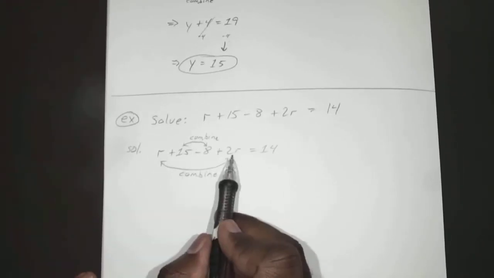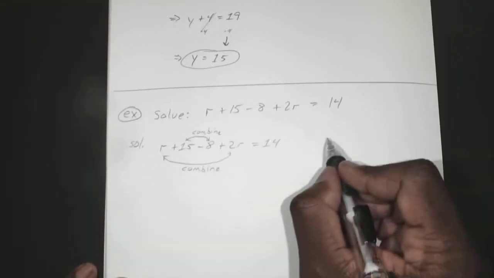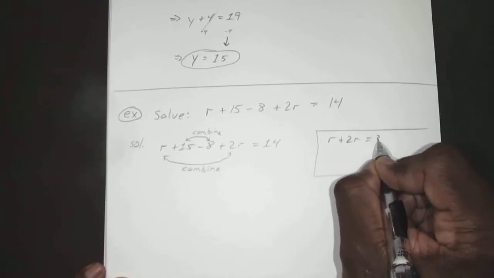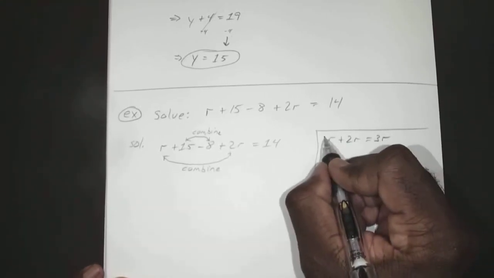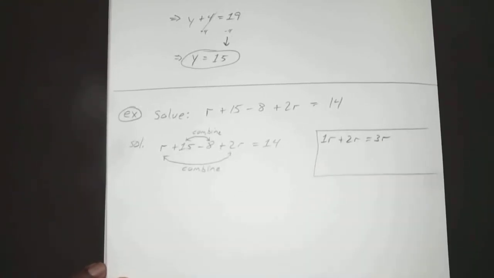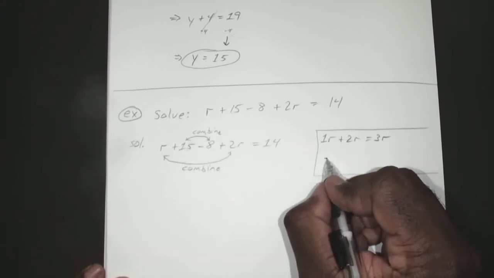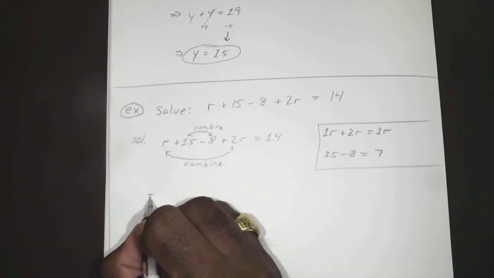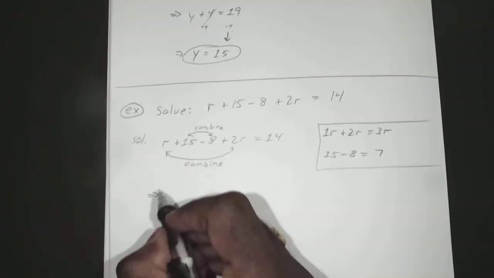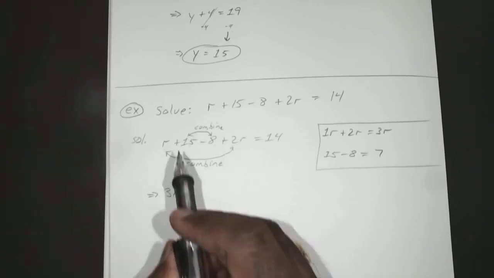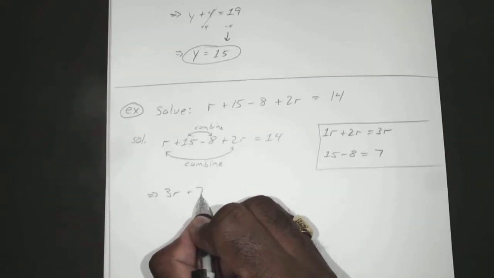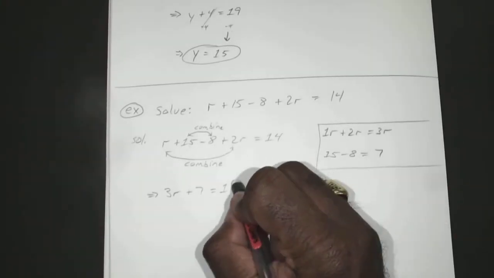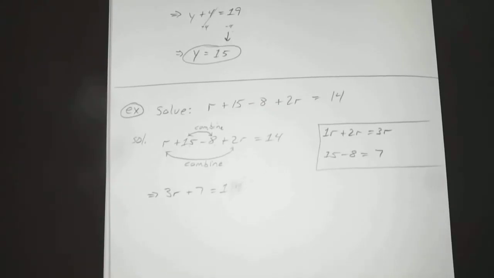So if you have r plus 2 times r, that's just 3r, because remember, r is just the same as 1 times r. 15 minus 8 is plus 7, equals 14.